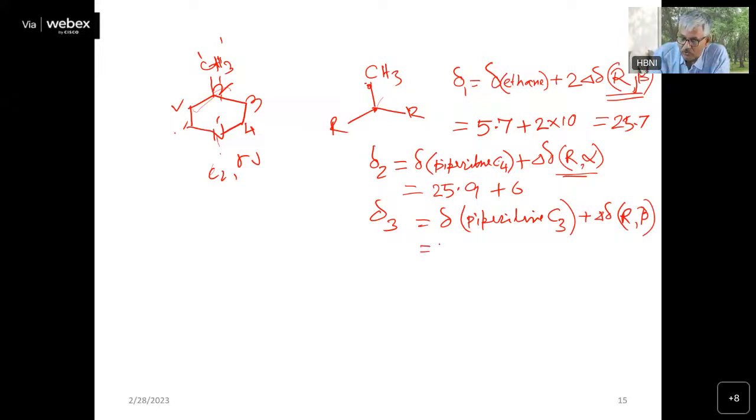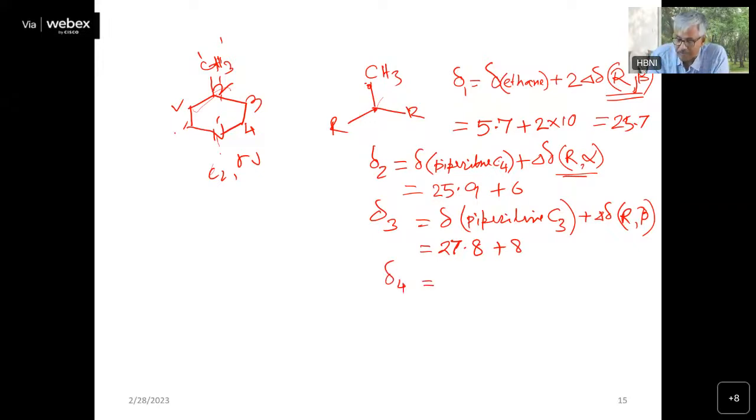And then again that value is different actually. So you will see that it comes at 27.8 plus 8.